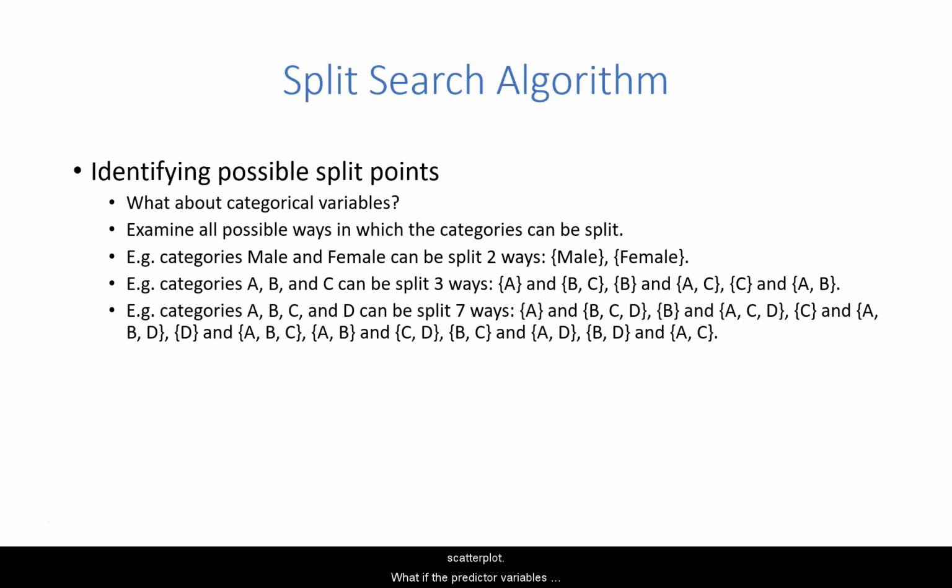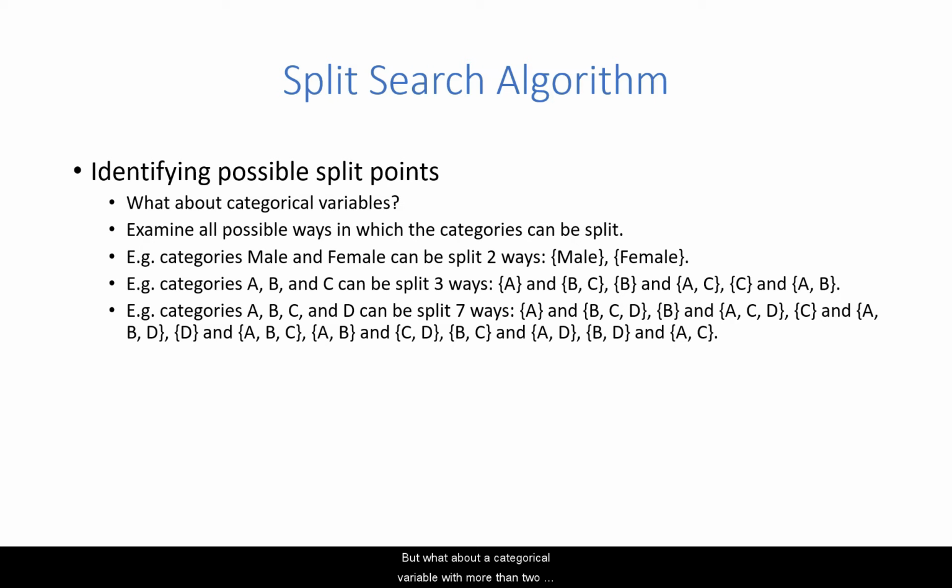What if the predicted variables are categorical? Then we will use all the possible ways in which the categories can be split as candidate split points. For example, we have a categorical variable sex with 2 categories, male and female. There is only one way we can split the 2 categories, which is into the male and the female categories.